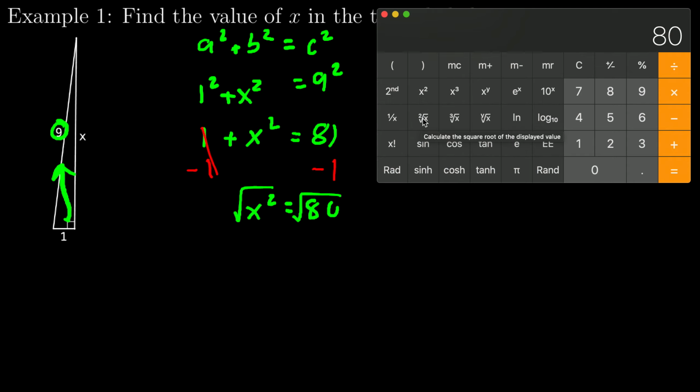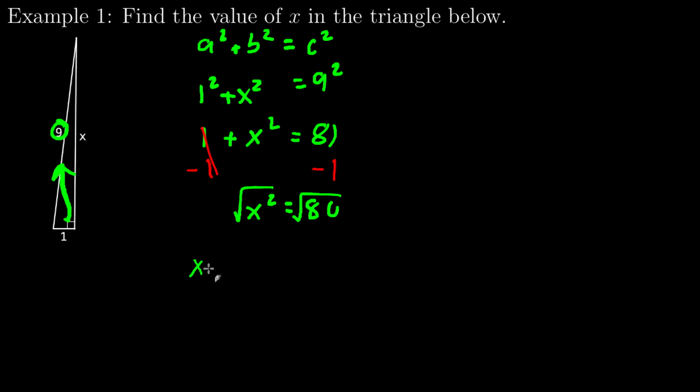It's pretty obvious in this case, but sometimes it's not obvious. And when I press the square root, I get a decimal, which means I get my approximate 8.944. So x is approximately 8.944.